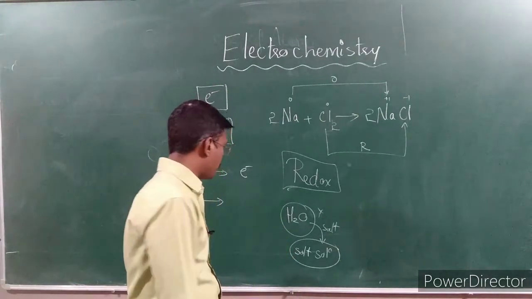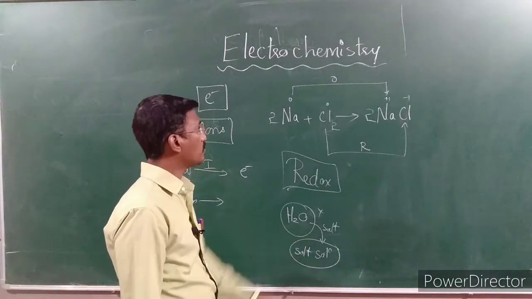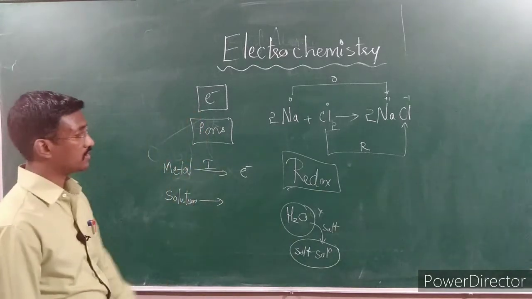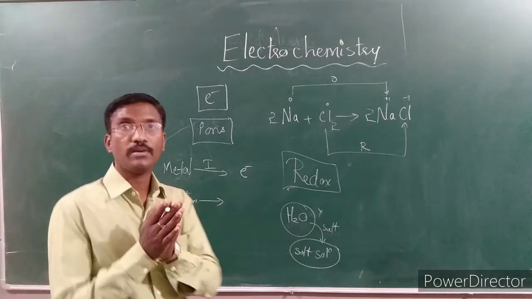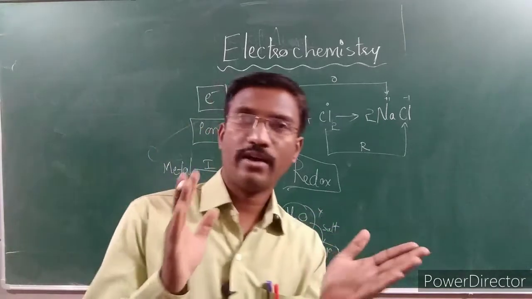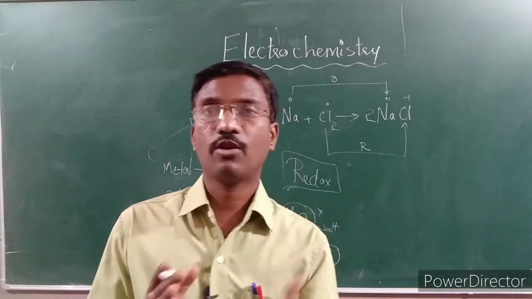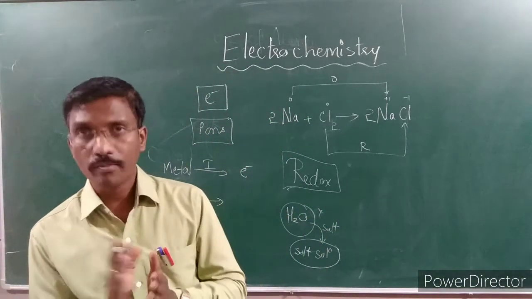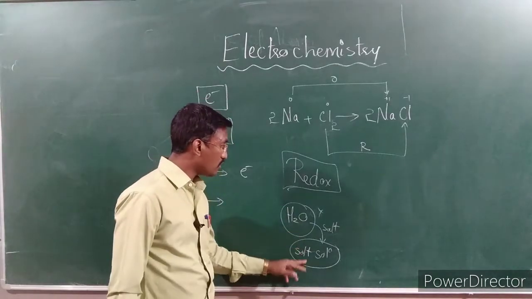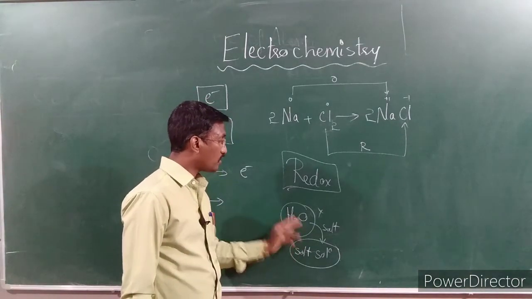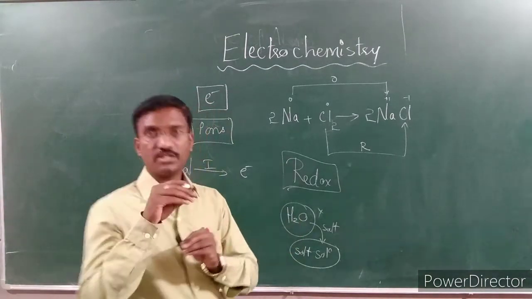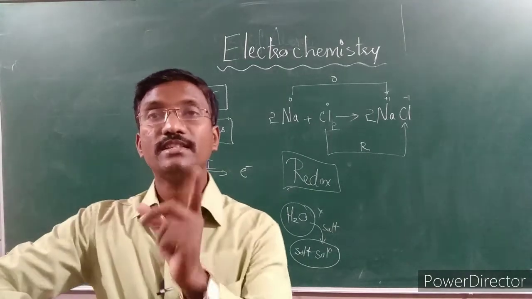How? In water there are no ions. It should have ions, but water does not have them. H and O both are there, but H is not in the form of H plus and O is not in the form of O minus. Whereas when you dissolve some salt in the water, it generates a salt solution.